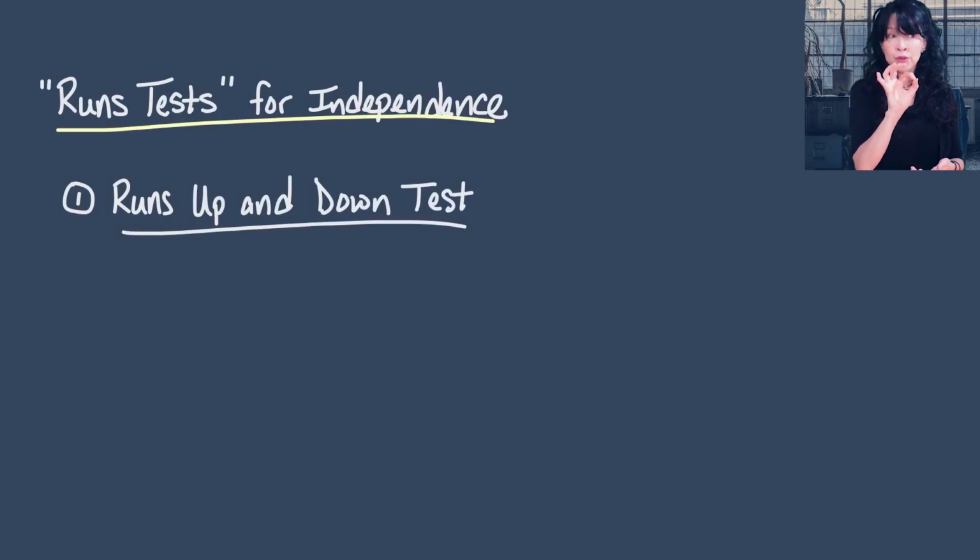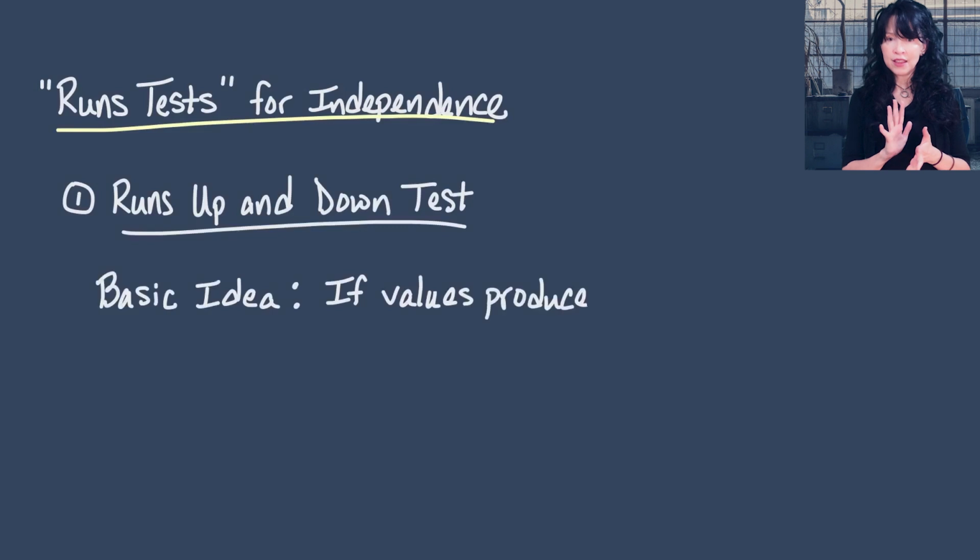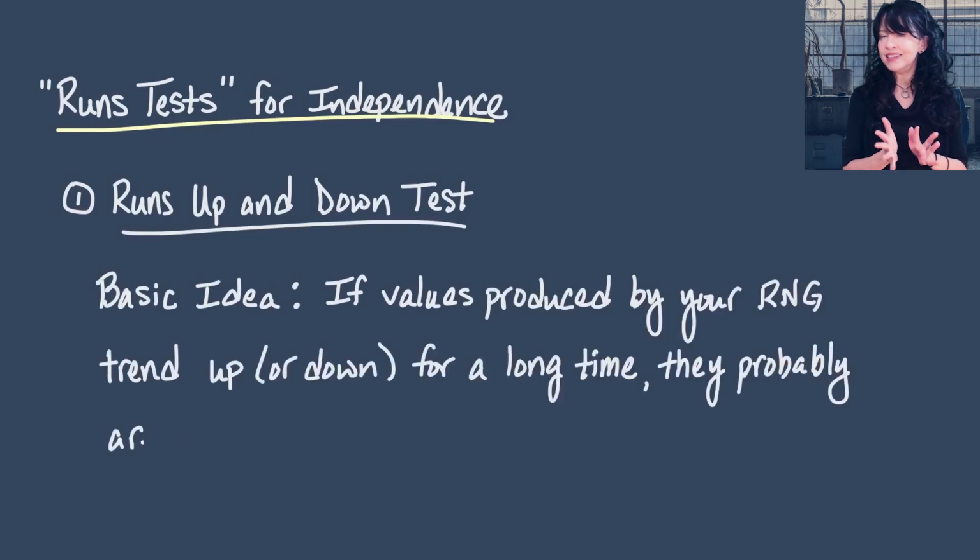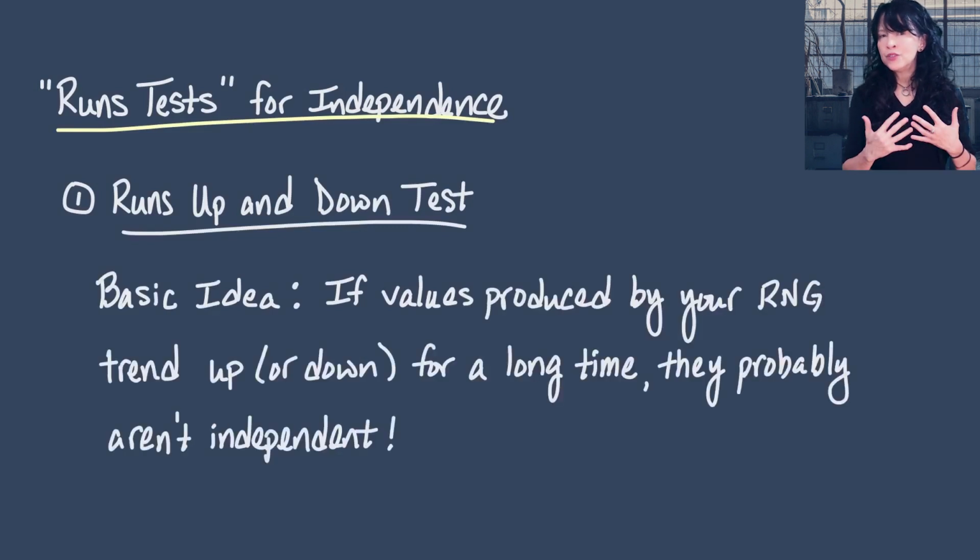Your fourth value, even larger than that. Your fifth, if you see a long run of numbers going up or a long run of numbers coming down, then you may start to think that they're not independent, that you have some correlation here. So that is the basic idea for a runs up and down test.